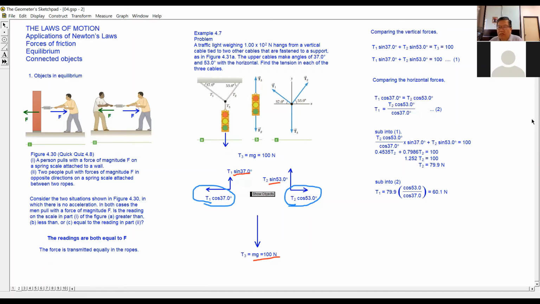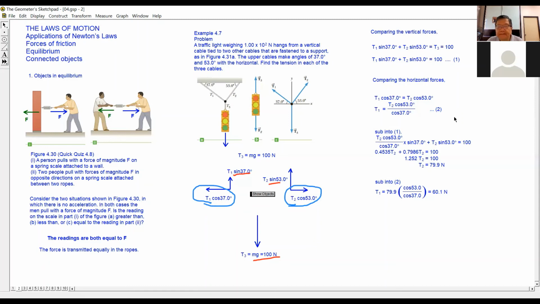So cos 53 times sine 37, then divide by cos 37.